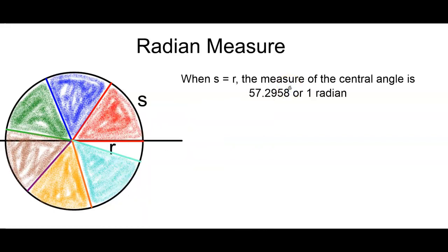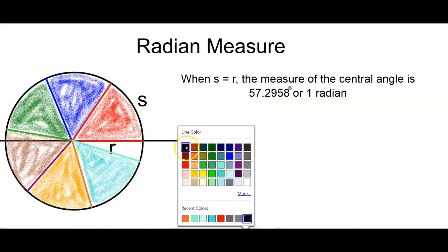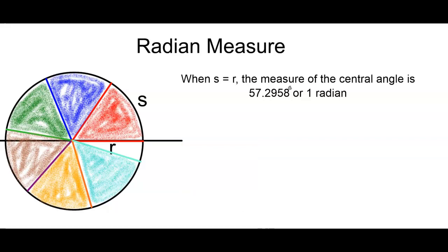So on here, I have measured out multiple sections of this degree measure, 57.2958. So every color that you see here is 1 radian. And if you can notice, I have on the top of my circle, so if I'm going around counterclockwise, so these are positive measure angles, so this is 57.2958, this is 57.2958, and so on.